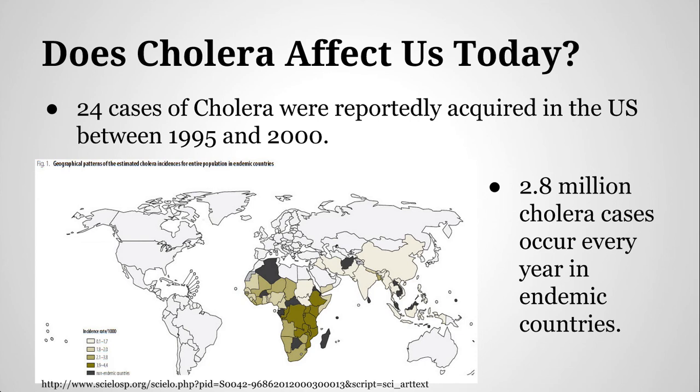In Africa, the mortality rate is generally around 4%, which is the highest in the world. The World Health Organization estimates that between 100,000 and 200,000 people die annually from cholera. So, although it's not as prevalent as other diseases, it's still a relevant concern in the modern world.